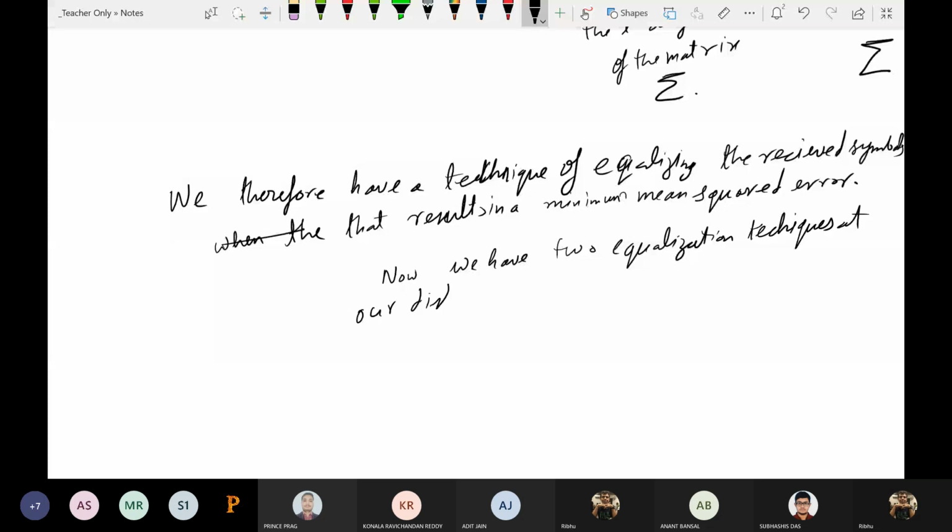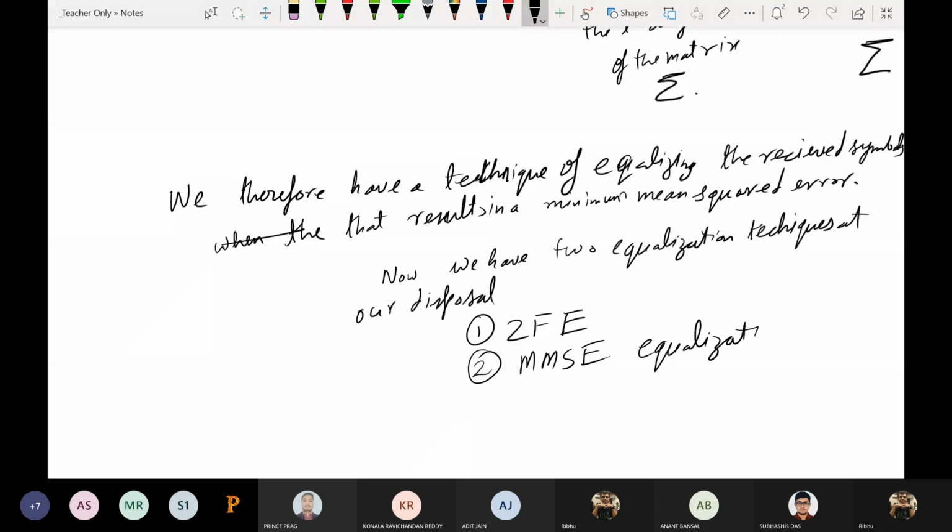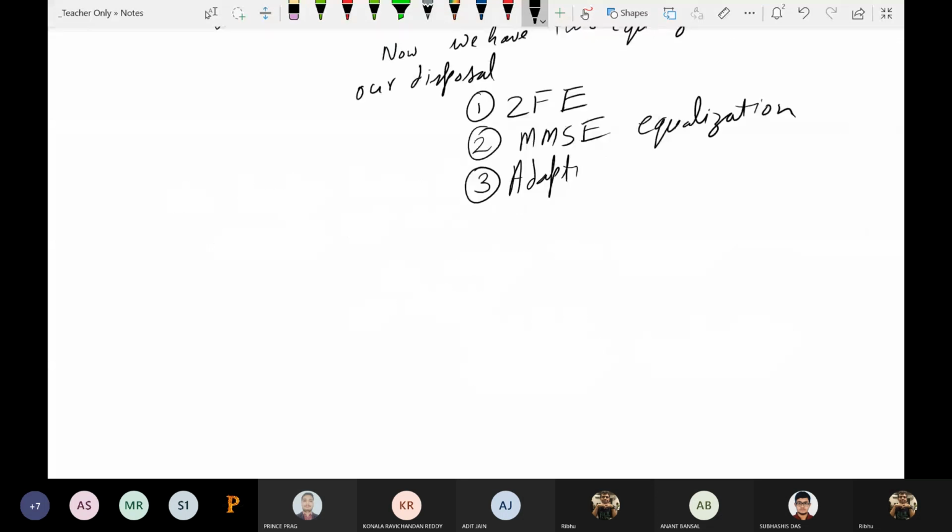One, zero forcing equalization, and two, there is something called adaptive equalization as well.